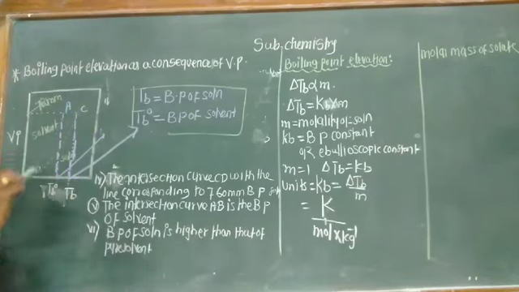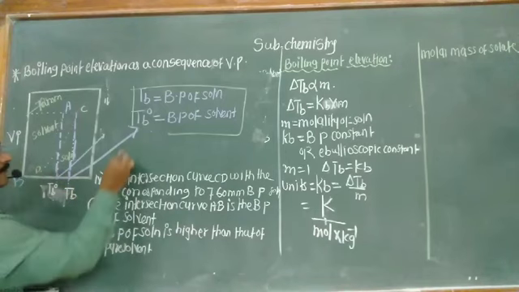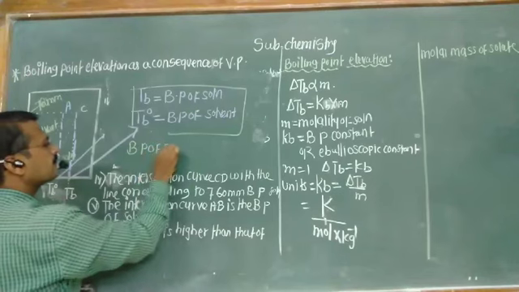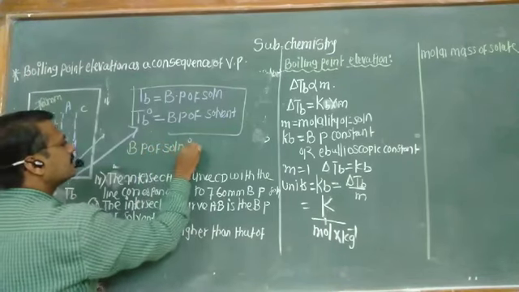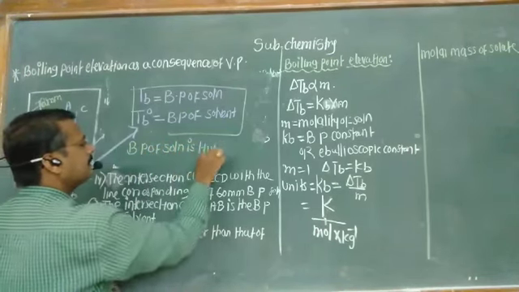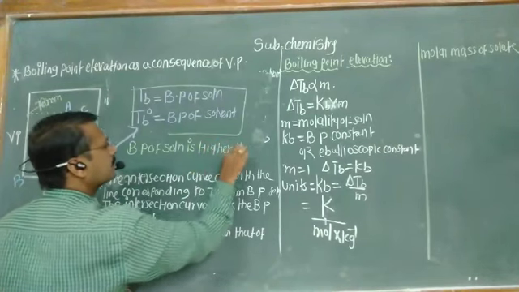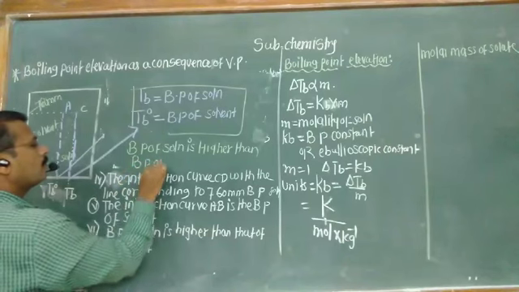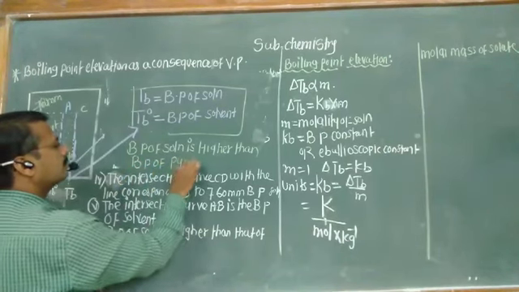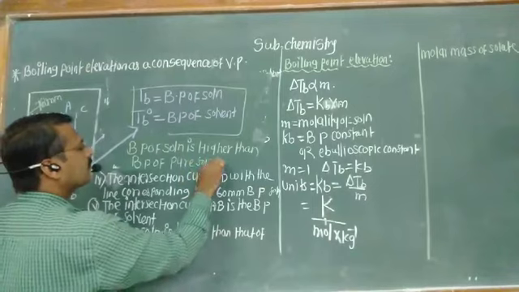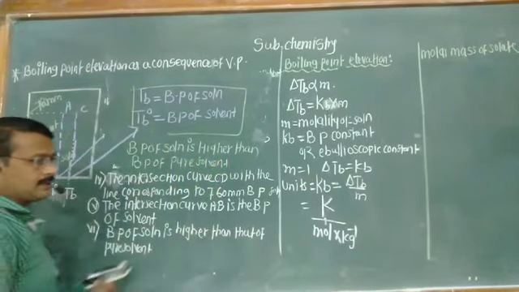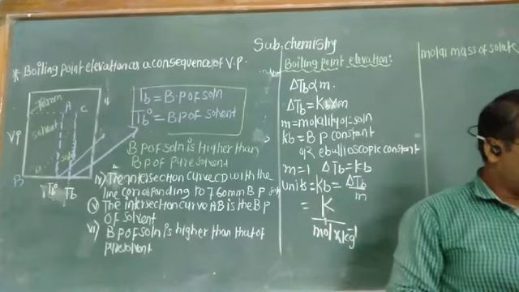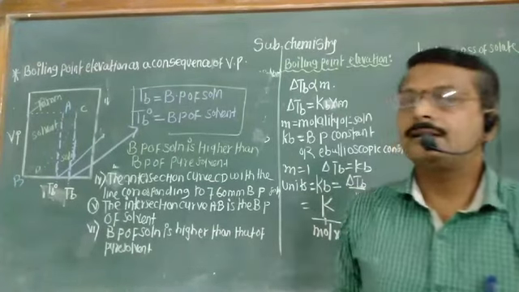So remember that the boiling point of the solution is higher than the boiling point of the pure solvent. Hence we have written that TB is greater than TB0.